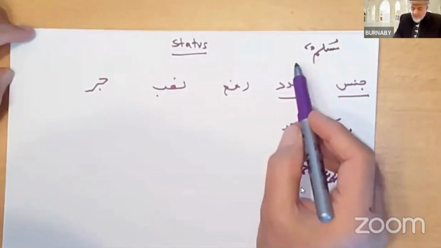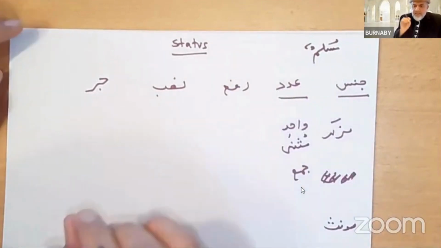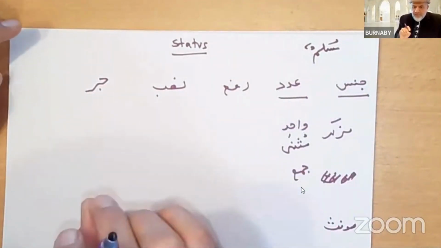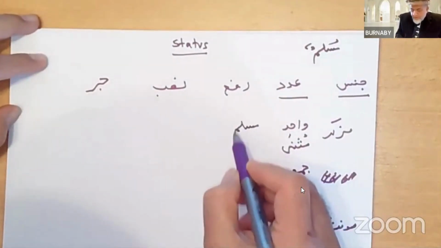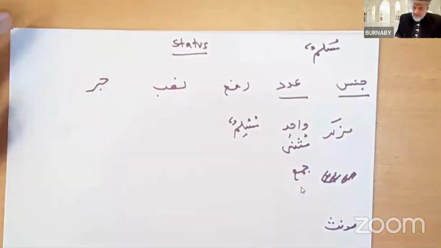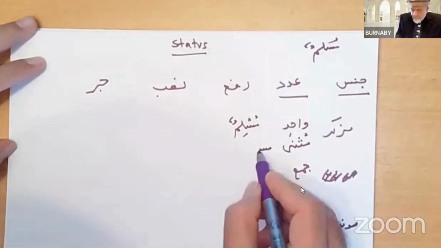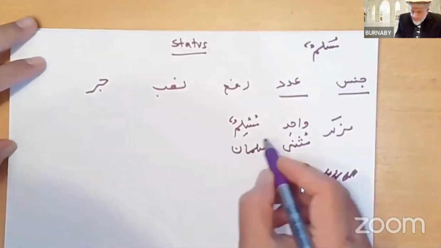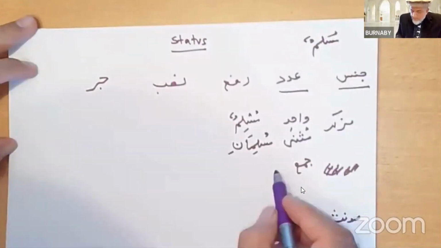Everything is going to be masculine, and it will be in the status of rafa. So what is wahid? Muslimun. What is the dual of Muslim? Muslimani. And the plural, Muslimuna.